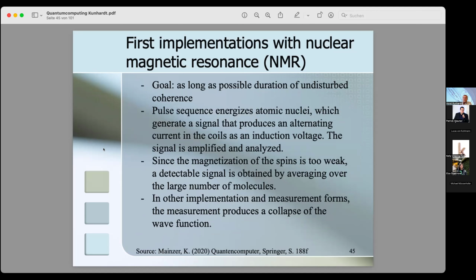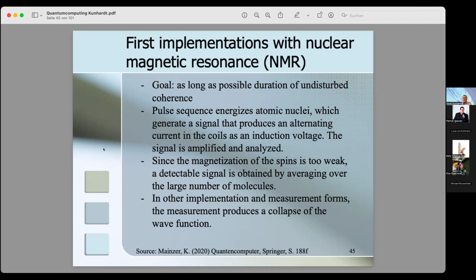The problem is the coherence time, or the decoherence time, and it is a very short coherence time. The pulse sequence energizes the system, and the signal is amplified and analyzed. With the pulsing sequence of the magnetic radio frequency, we apply the algorithm to the system, and we calculate by changing the magnetization.